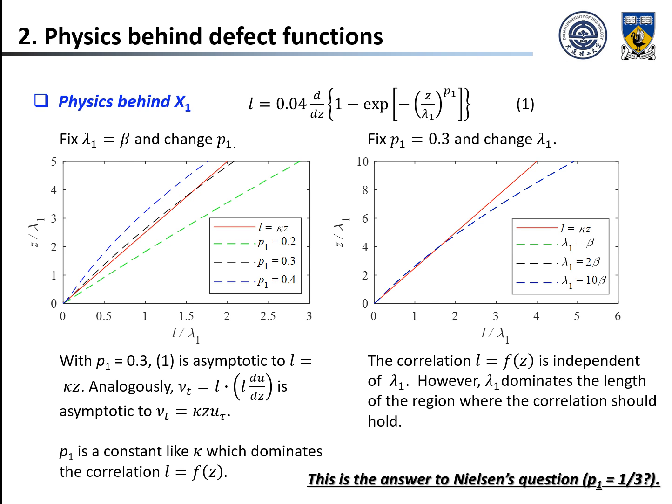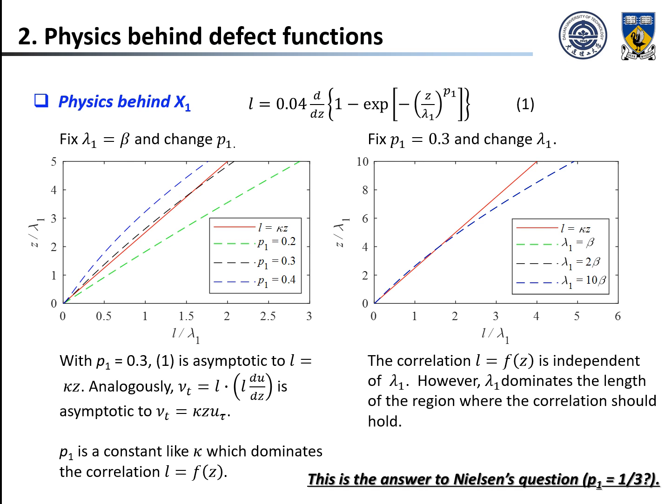On the other hand, we fix P1 at 0.3 and change lambda 1. We find the correlation of L as a function of Z is independent of lambda 1, which again demonstrates that the correlation is dominated by P1. However, we get that lambda 1 dominates the length of the region where the correlation should be valid. For example, if lambda 1 increases from beta to 10 times beta, the region will also increase by 10 times.